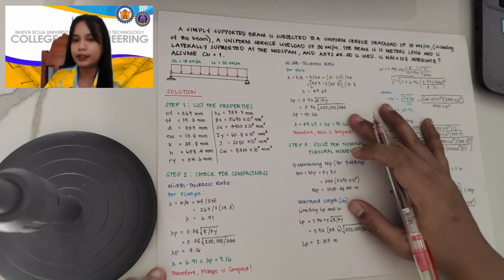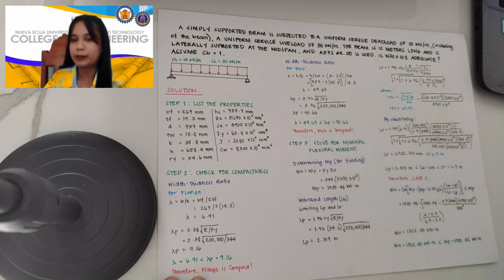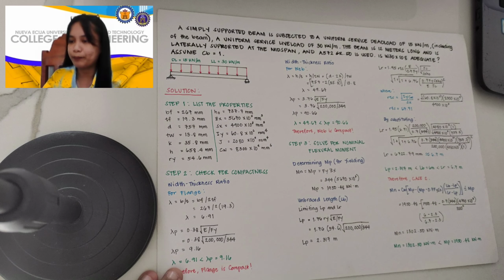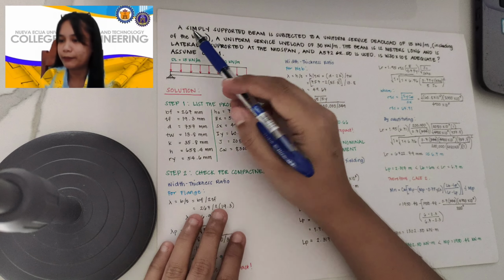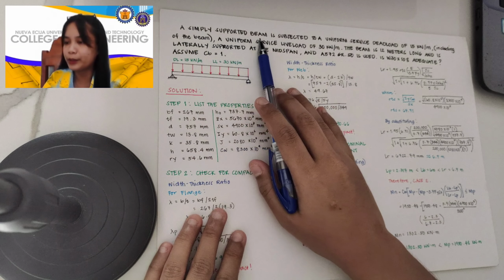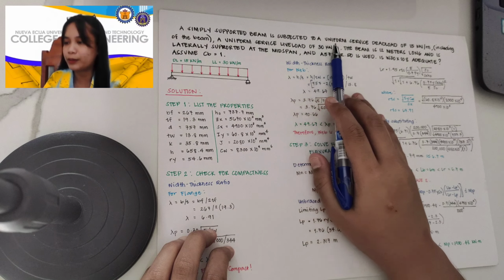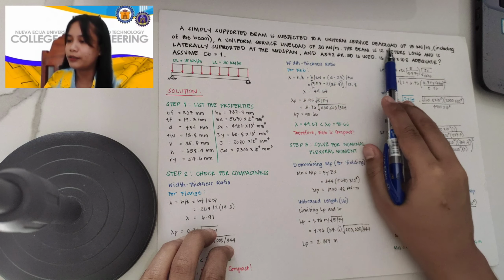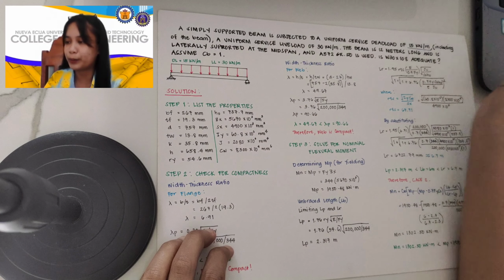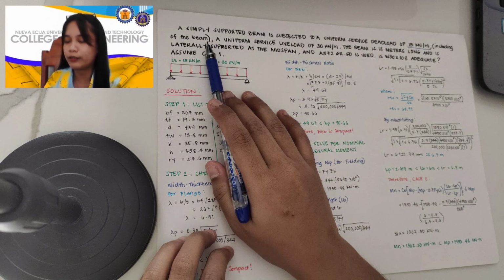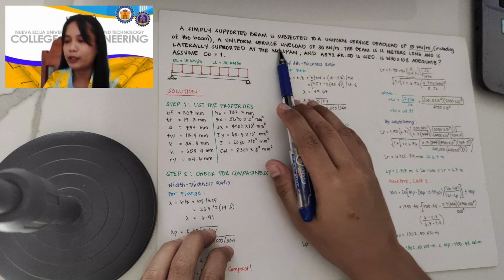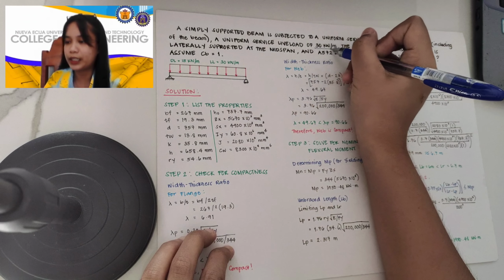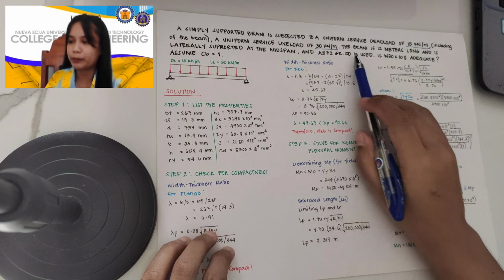So for the sample problem number 2 for flexural member, let me read the problem first. A simply supported beam is subjected to a uniform service dead load of 15 kilonewton per meter, including the weight of the beam, and a uniform service live load of 30 kilonewton per meter.